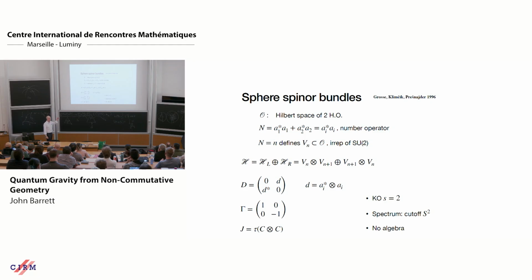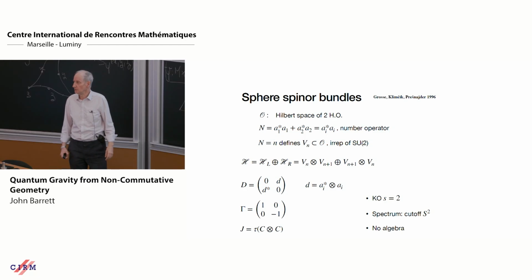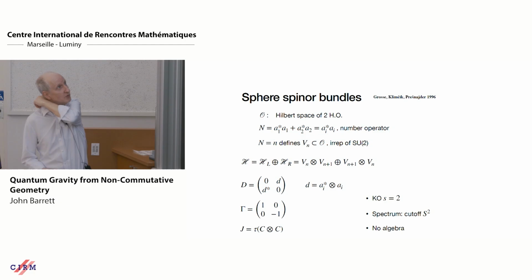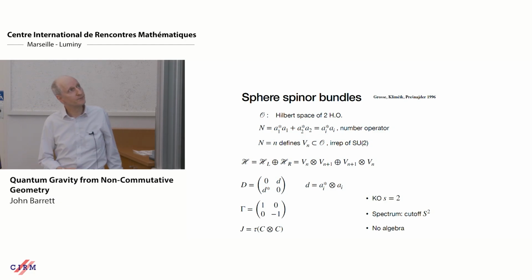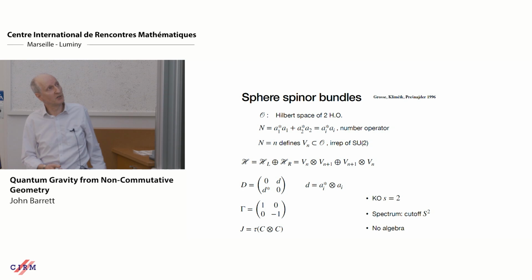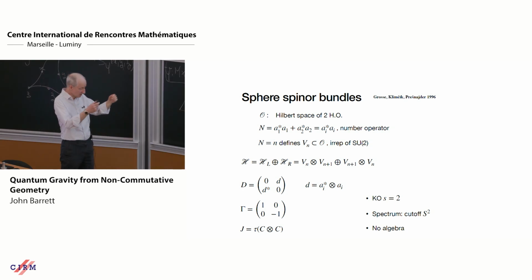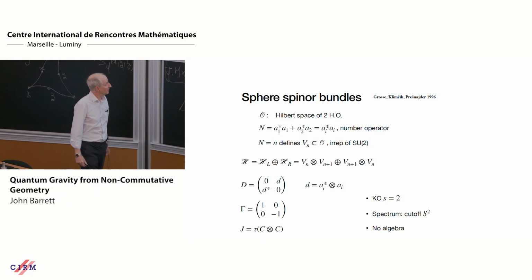And then if that has a distinct eigenvalue, that defines a finite dimensional subspace of the space of 2 oscillators. And that's, in fact, an irreducible representation of SU2. So that's the well-known harmonic oscillator representation of irreducible representations. So I'm going to call that subspace of the harmonic oscillator Vn. So it's the harmonic oscillator subspace with n particles.